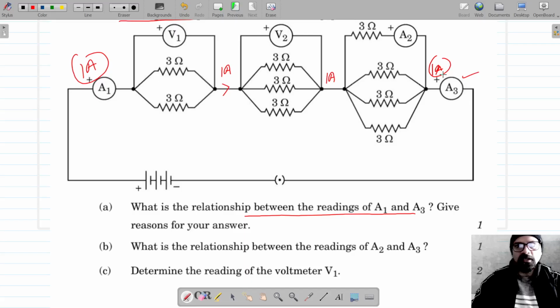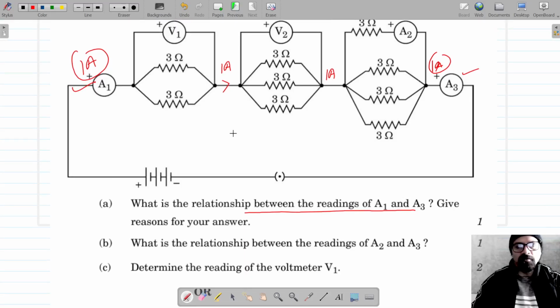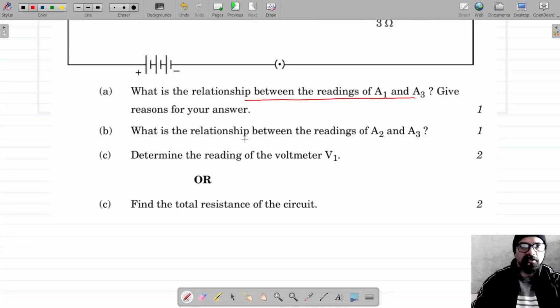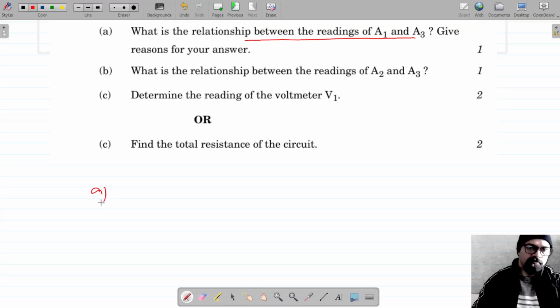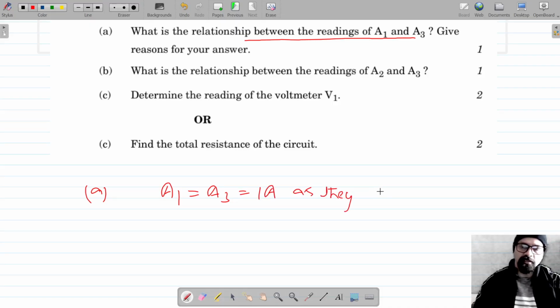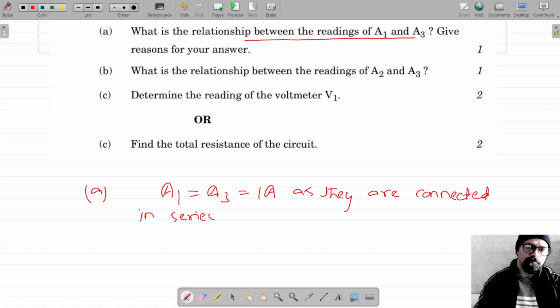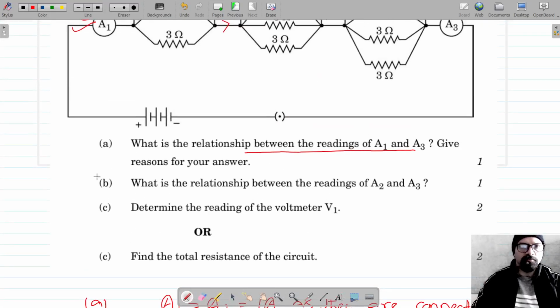So A3 and A1 have the same reading of 1 ampere, and the reason is that they are connected in series. So A1 is equal to A3 is equal to 1 ampere, as the ammeters are connected in series. Okay, the first one is done.